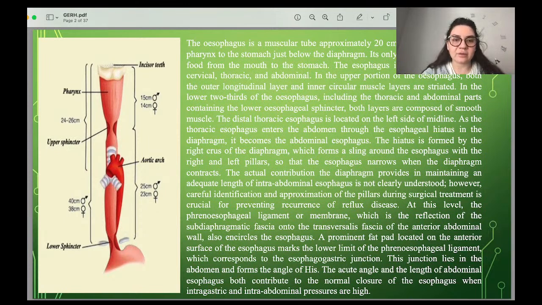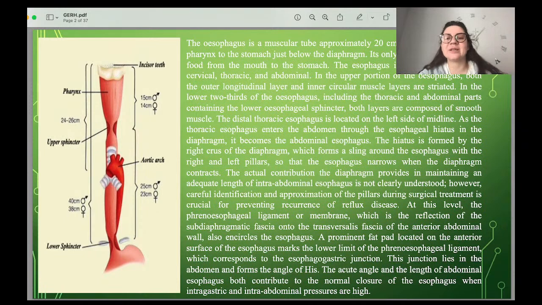At this level, the phrenoesophageal ligament or membrane, which is the reflection of the subdiaphragmatic fascia onto the transversalis fascia on the anterior abdominal wall, also encircles the esophagus and helps the diaphragm function like a sphincter.